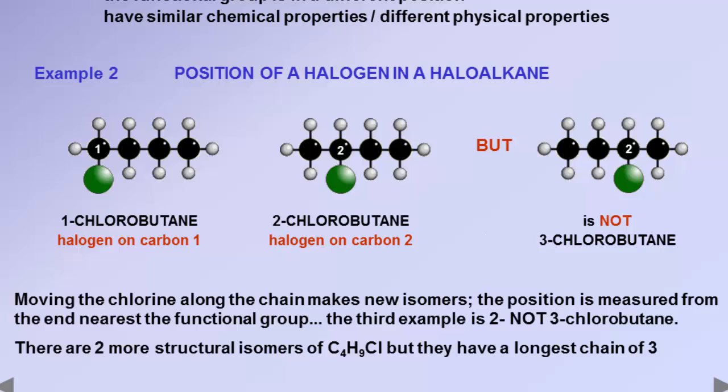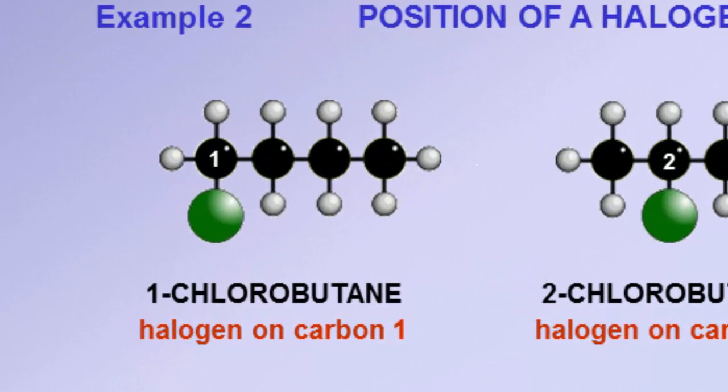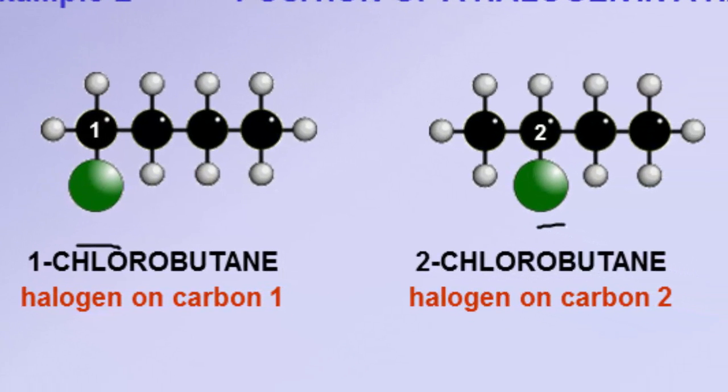If you look at another example of structural isomerism, which is positional, let's say you have a butane. You could take the chlorine and put it on the first carbon of a 4-carbon chain, and that would be 1-chlorobutane. Or you could put it on number 2, that would be 2-chlorobutane. You basically have a chain of 4 carbons, with a chlorine on the first one or a chlorine on the second one.